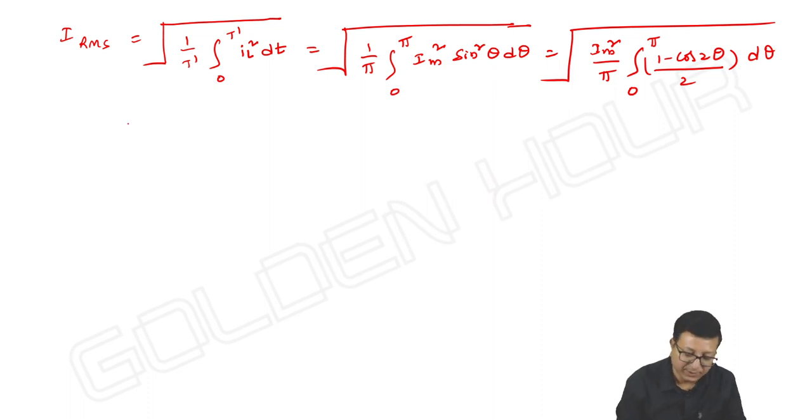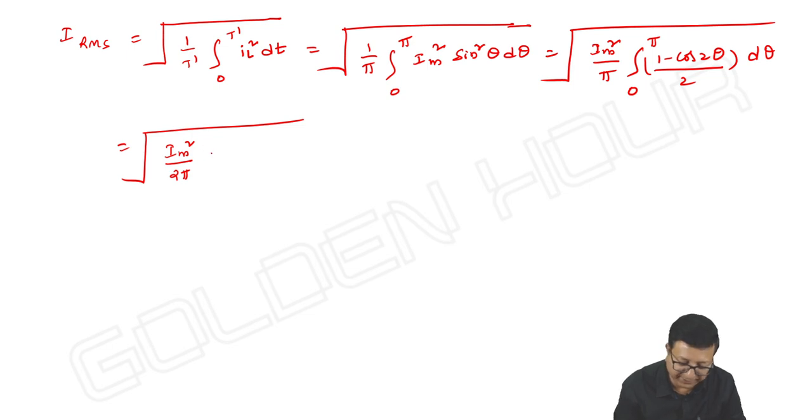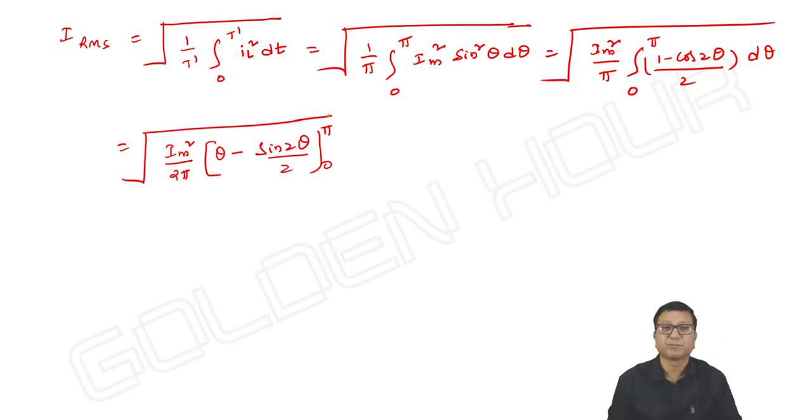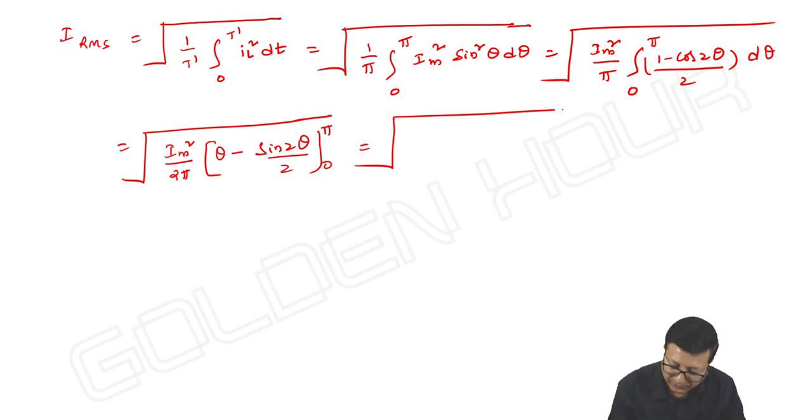And further it is Im square by 2 pi. Integral 1 d theta, it is theta, minus integral cos 2 theta, that is sin 2 theta by 2, for the limits 0 to pi. Further, it is written like Im square by 2 pi into theta with limits pi and 0, minus sin 2 theta, that is sin 2 pi minus sin 0, by 2.